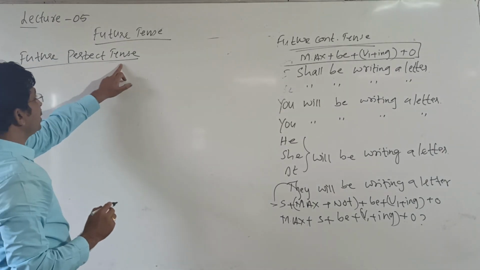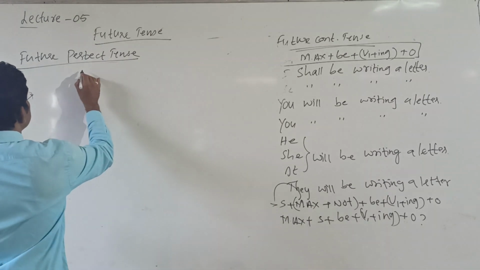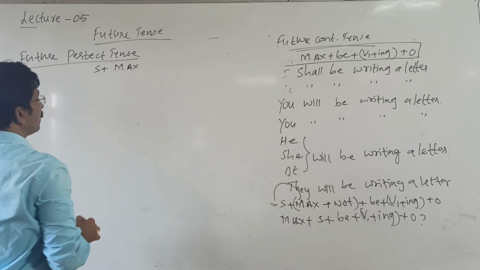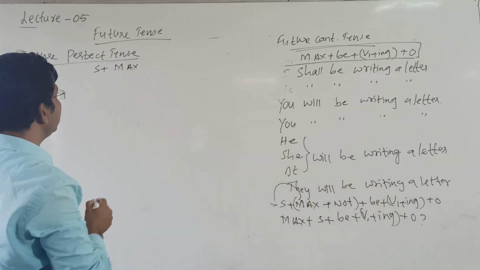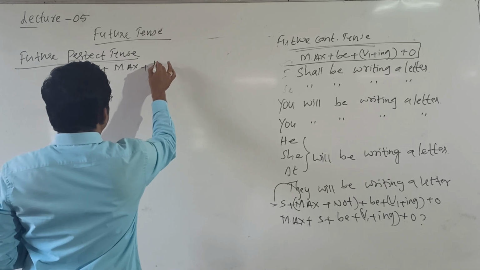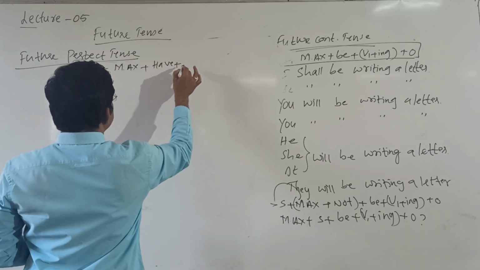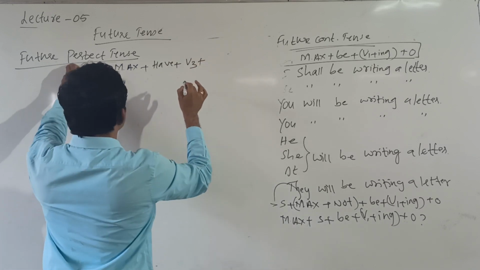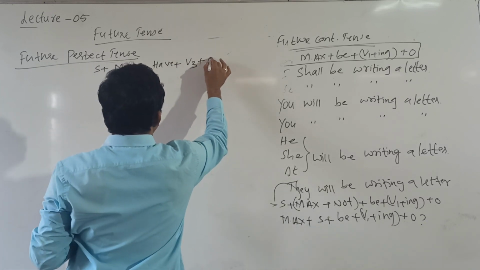Here the structure is subject plus modal auxiliary plus have plus V3, perfect, perfective, PP form plus object.